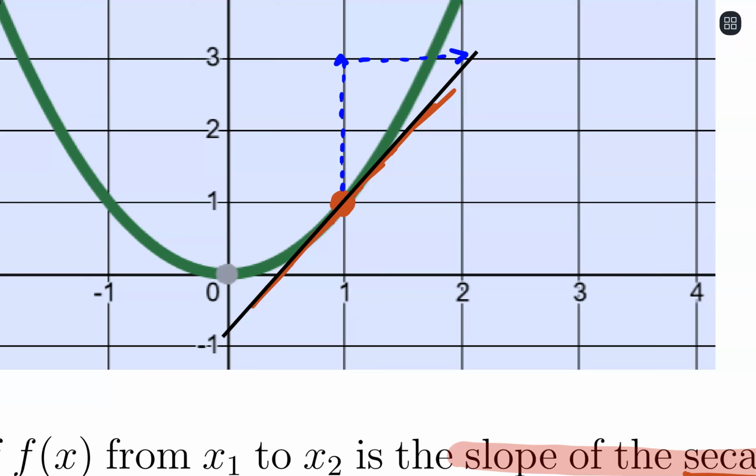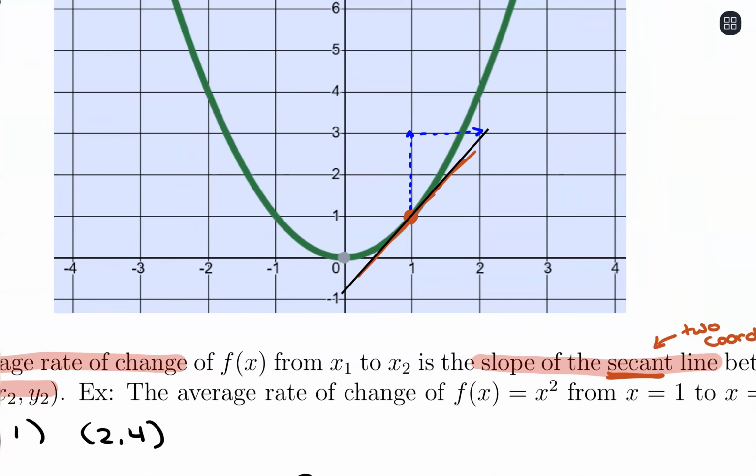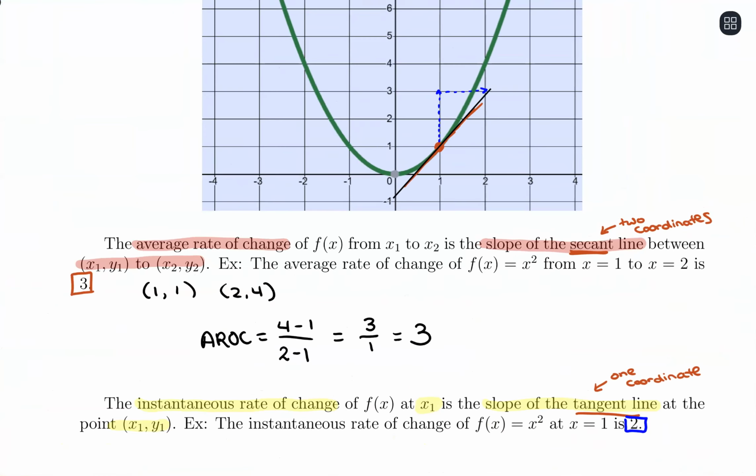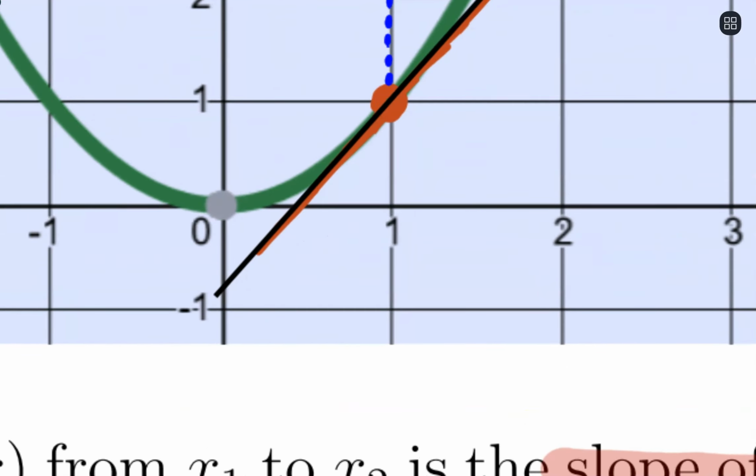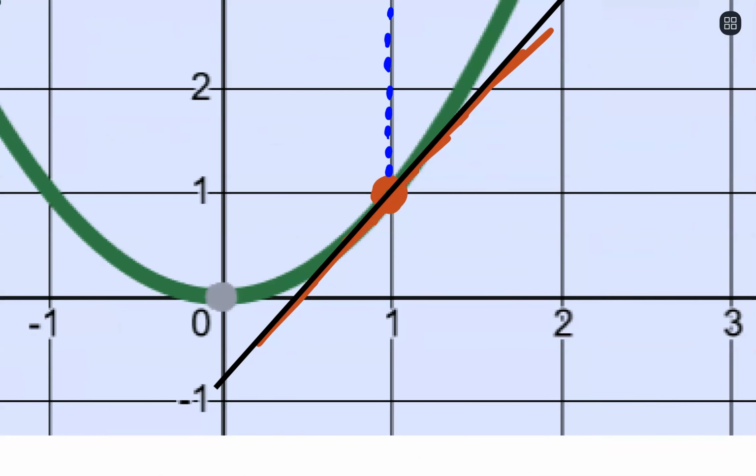So we're seeing how things are changing at an instant rather than over a period of time with a beginning and end. We can get this kind of instantaneous view of how our graph is changing. In the next videos we'll talk about how to actually calculate this, but it's this idea of being basically infinitely close to this point here and thinking about how our function is changing right at that point.